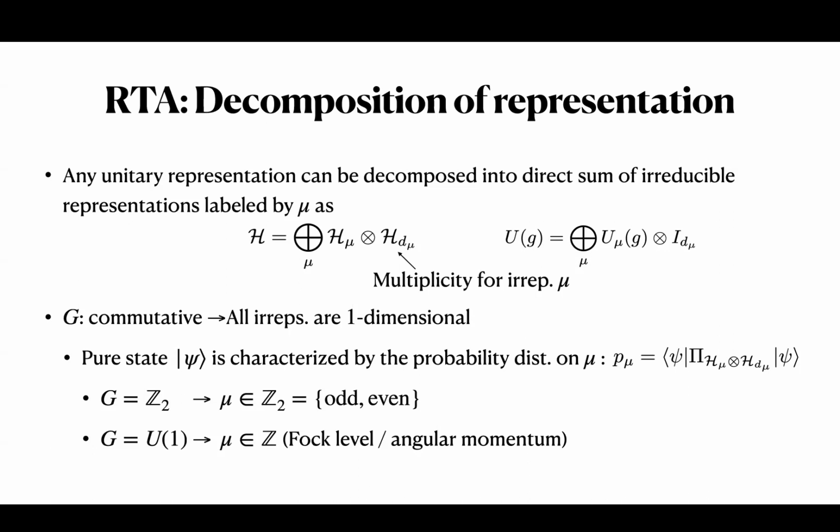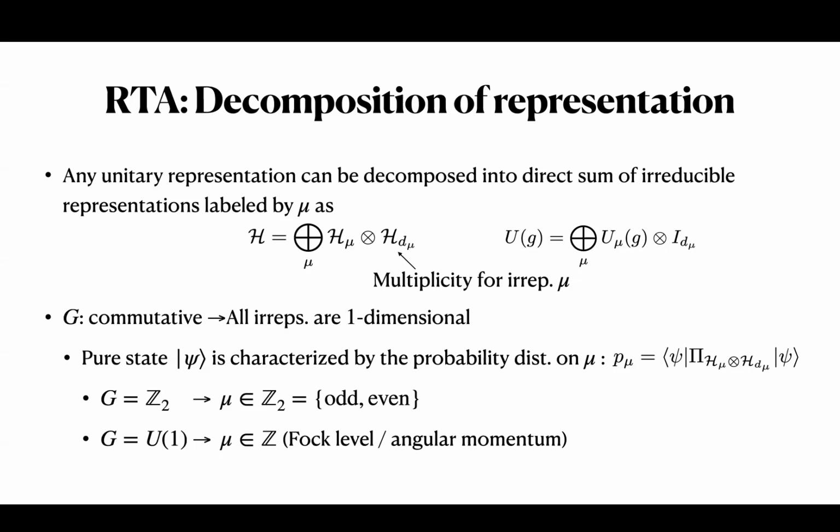Here, let's consider a commutative group G. Then all irreducible representations are one-dimensional. Then a pure state is characterized by the probability distribution on mu, defined by this, and this is the weight on the subspace of mu.